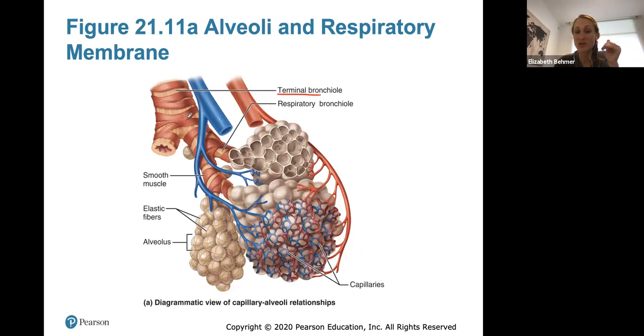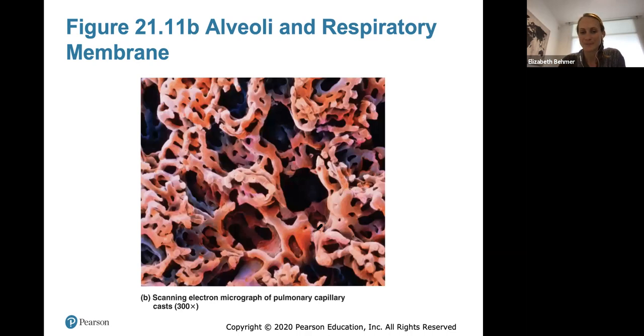From there, we turn into the respiratory zone, so respiratory bronchiole into the alveolar duct and then into the alveolus. You can see how the alveolus is surrounded by capillaries, because the capillaries want to pick up oxygen from the air that you breathe in within the alveoli and also unload the carbon dioxide that they're bringing so that your body can get rid of CO2.